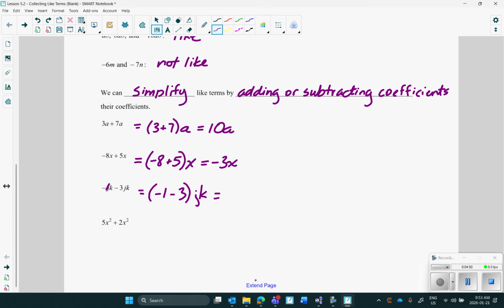What is negative 1 subtract 3? Negative 4. So it'd be negative 4jk. 5x squared and 2x squared. 7x squared. I'm just going to write the answer. Okay, pretty straightforward.